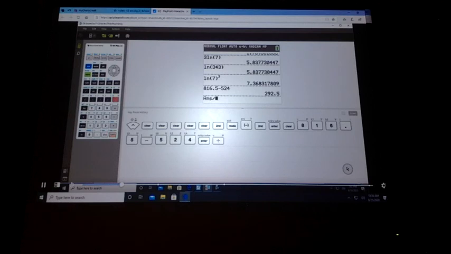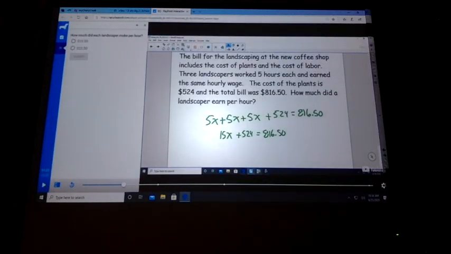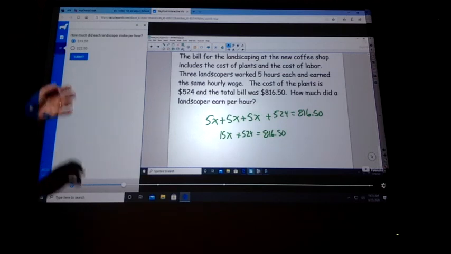Then I'm going to divide both sides by 15. And so each of the landscapers made, watch, I just did it on the calculator, $19.50. So I gave you the answer, and then I was like, uh-oh, what do we do? So that's part of the thing.